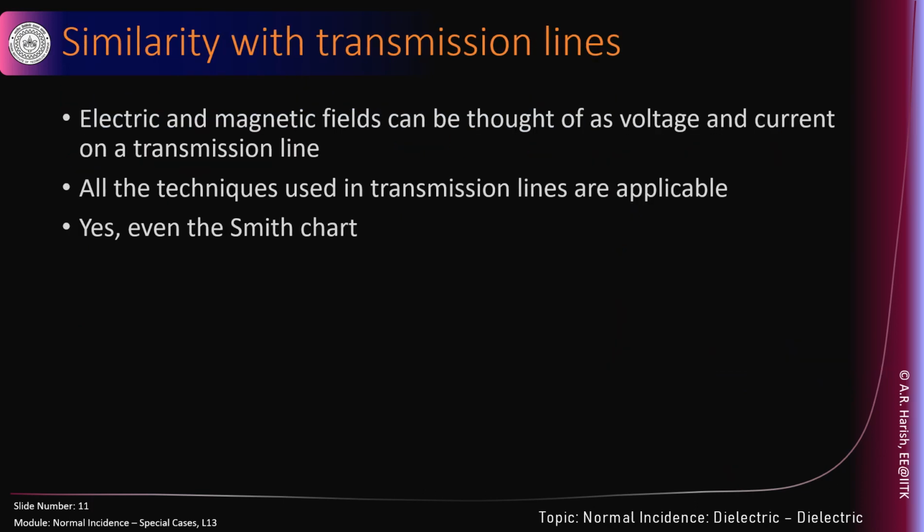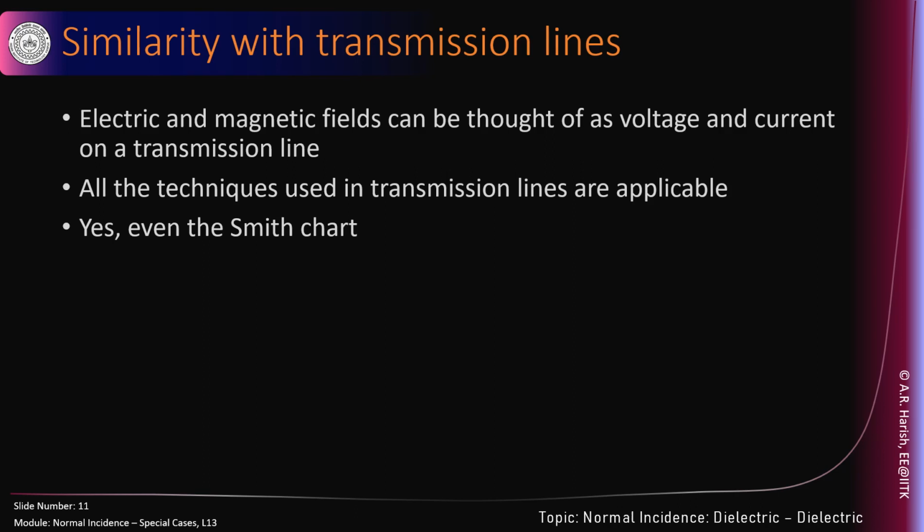So, this is the point where I want to convey once again the similarity between a plane wave normally incident on a dielectric or PEC interface and transmission lines. Electric and magnetic fields can be thought of as voltage and current on a transmission line. All the techniques used in transmission lines are applicable to solve problems here.